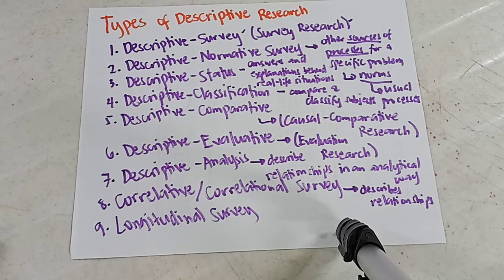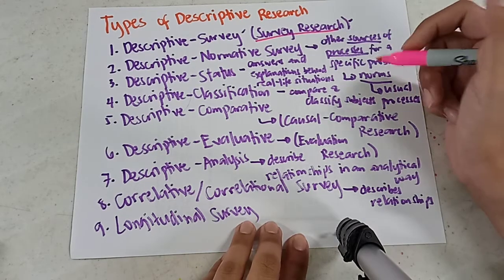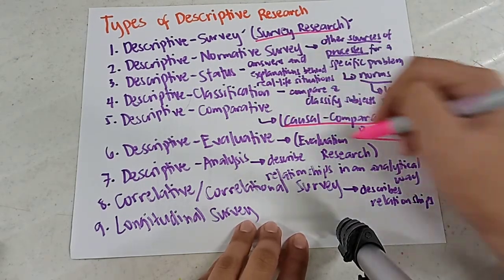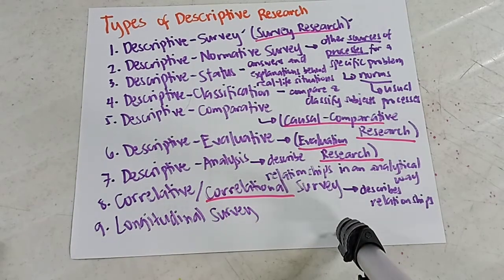Including those types are the survey research, causal comparative research, evaluation research, and correlational research, which are all present in your Grade 8 Research 2 module.